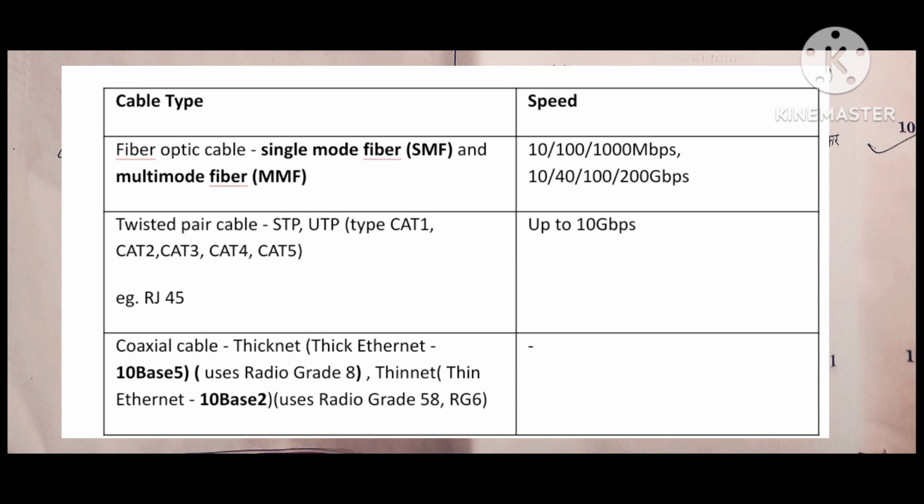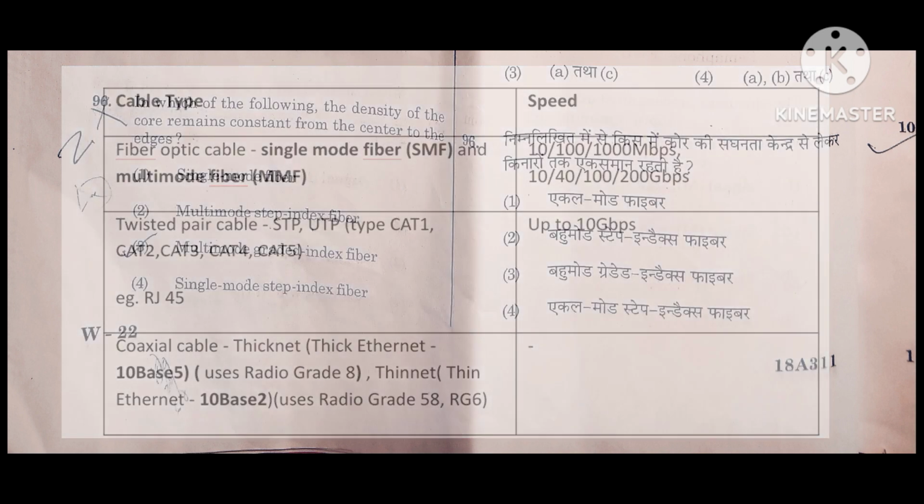Okay, and fiber optic cable is again divided into two types, single mode fiber optics and multi mode fiber optics. Okay, you see the optical fiber cable has a maximum speed of data transmission. Okay, the data is transmitted in a form of light.